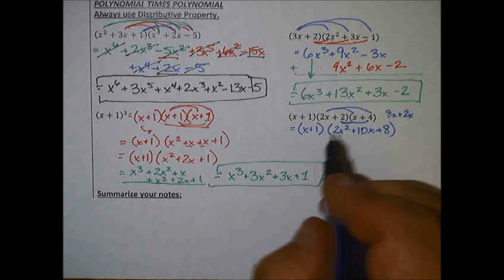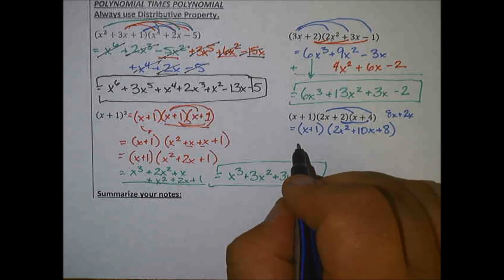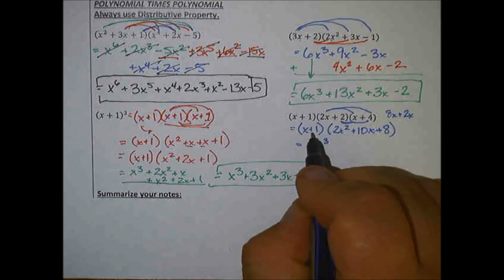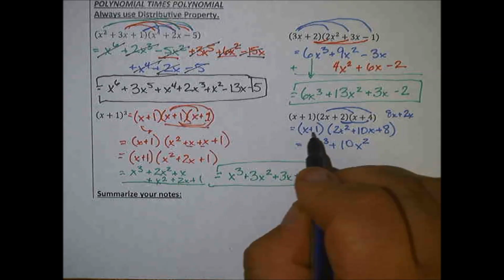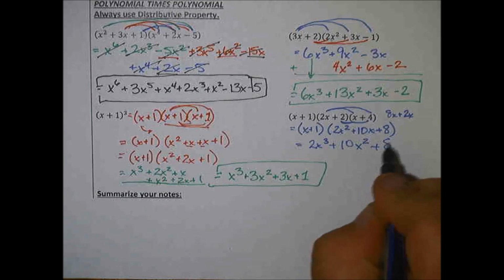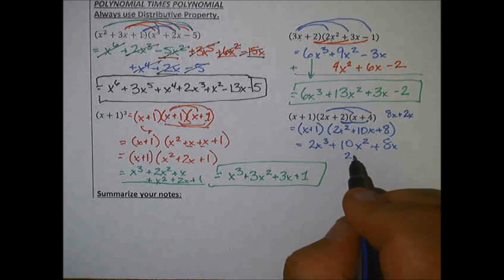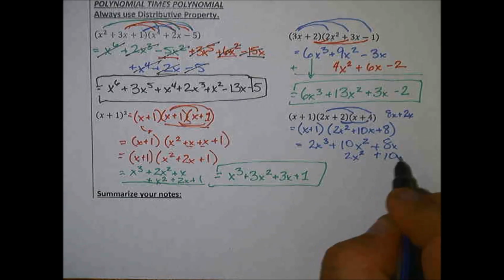Okay? Now I want to multiply everything in the first one by everything in the second one. X times 2x squared is 2x cubed. X times 10x, plus 10x squared. X times 8, plus 8x. 1 times 2 is 2x squared. 1 times 10, plus 10x.